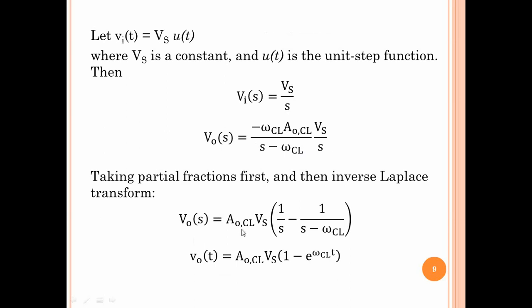We get A0CL and Vs out, 1 by S minus 1 by S minus omega CL. We take inverse Laplace transforms, we get A0CL into Vs, 1 by S is 1, minus 1 divided by S minus omega CL. The inverse Laplace transform of 1 over S minus something is e raised to something t.